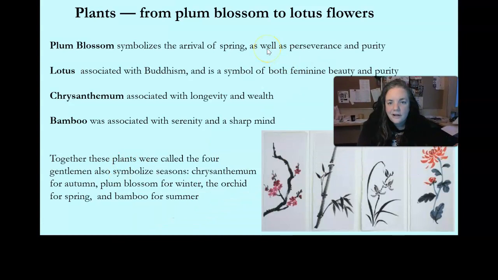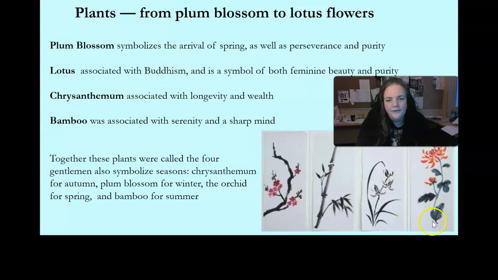All right, so let's talk a little bit about plants more generally. From plum blossoms to lotus flowers, right? Plum blossoms symbolize the arrival of spring as well as perseverance and purity. And the lotuses are associated with Buddhism. They're a symbol of both feminine beauty and purity.